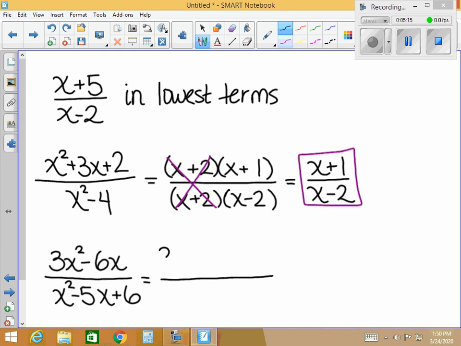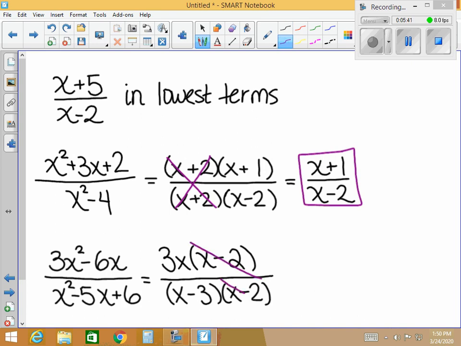Hopefully you're all yelling greatest common factor at me through the video screen. The top, both terms have a 3 and an x in common, leaving behind an x and a minus 2. We factored the bottom earlier because we were looking for the domain and we needed it broken down for that reason. And so we already know that that's x minus 3 and x minus 2.